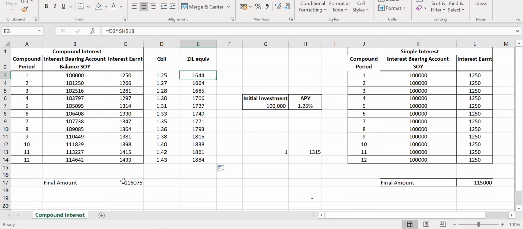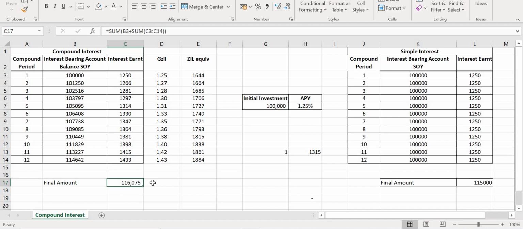So the final amount here for staking on a node, excluding GZIL, for 100,000 ZIL initial investment is 116,075 ZIL. That is monthly compounding at a 15% equivalent APY or a 1.25% equivalent monthly yield.